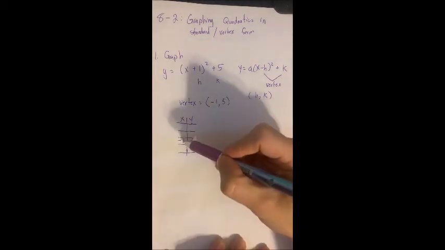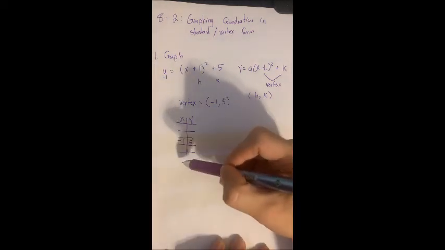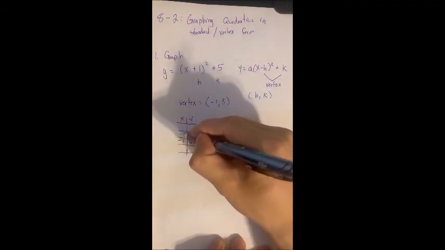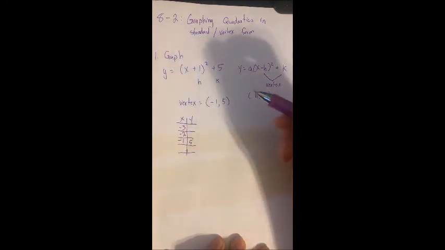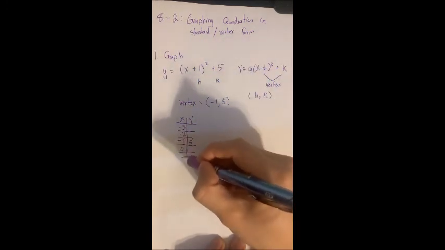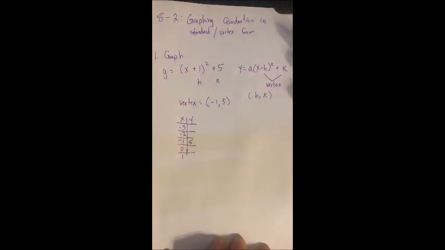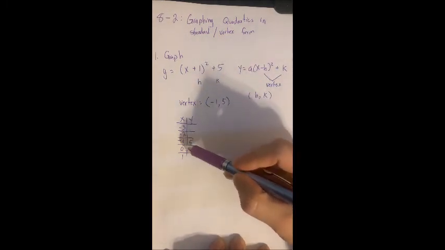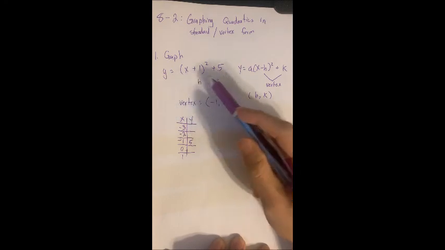So here we're going to pick two values above and below this number. I'm going to do -2 and -3, and on the other side of -1, it'd be 0 and 1. I'm just going to plug these numbers into our equation.